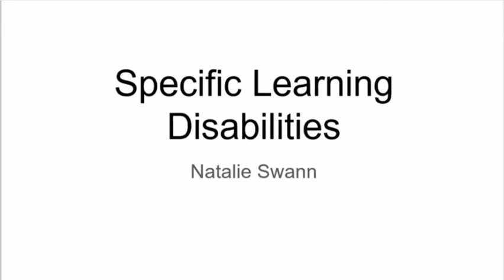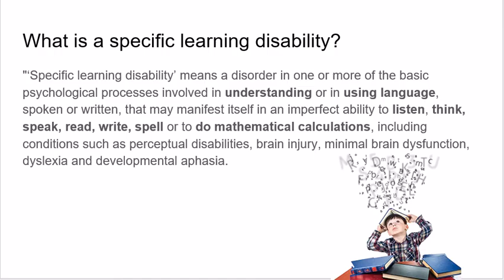So first off, I just want to talk about the actual definition of a learning disability. This is a big long definition, but essentially a learning disability is any kind of disorder that has to do with the basic psychological processes involved in understanding. So anything with using language, anything with having trouble listening, thinking, speaking, reading, writing, spelling, or doing mathematical calculations.